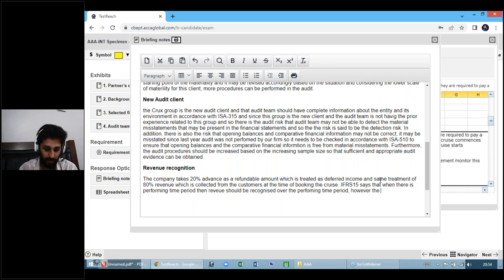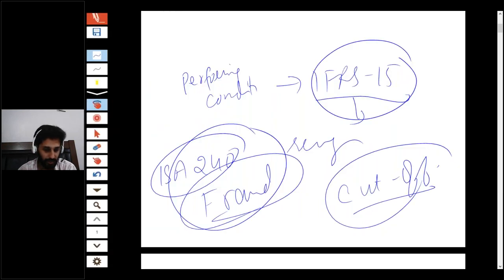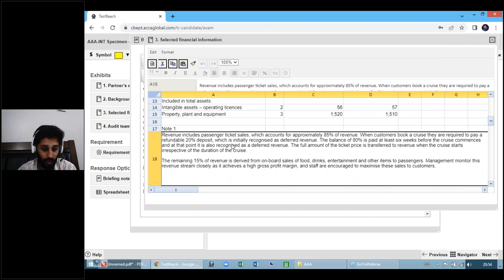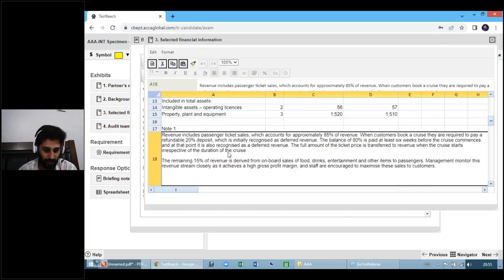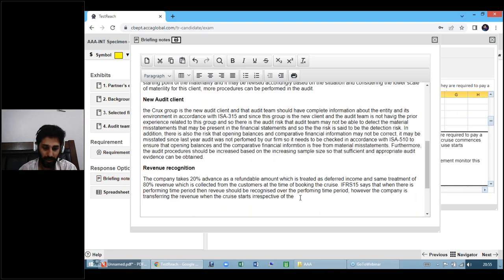However, the company is transferring the revenue when the cruise starts, irrespective of the duration of the cruise.